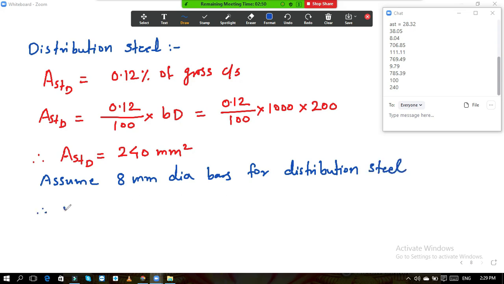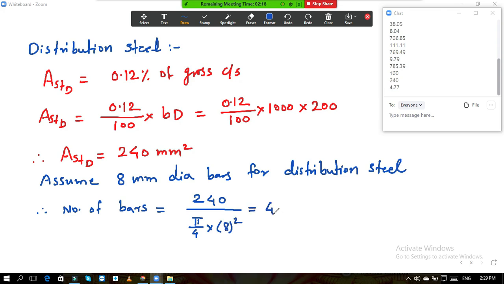Therefore, number of bars is equal to 240 divided by pi by 4 into 8 square. It is 4.77, which is nearly equal to 5 numbers.